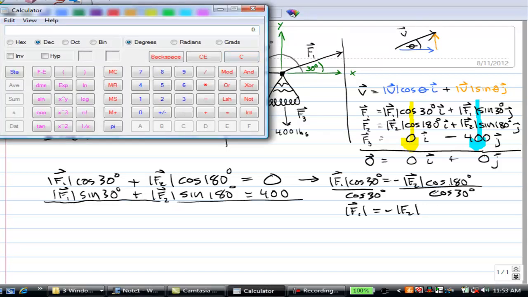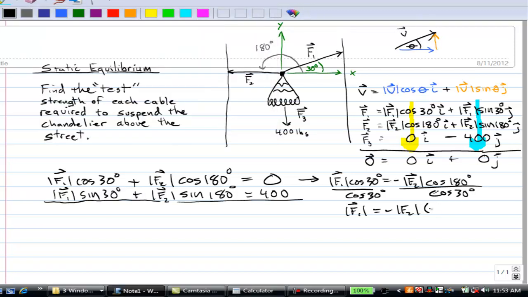If I take the calculator, we know the cosine of 180 is minus 1, but here it is in the calculator, divided by cosine 30, and that's equal to minus 1.1547. I take it to 4 decimal places.